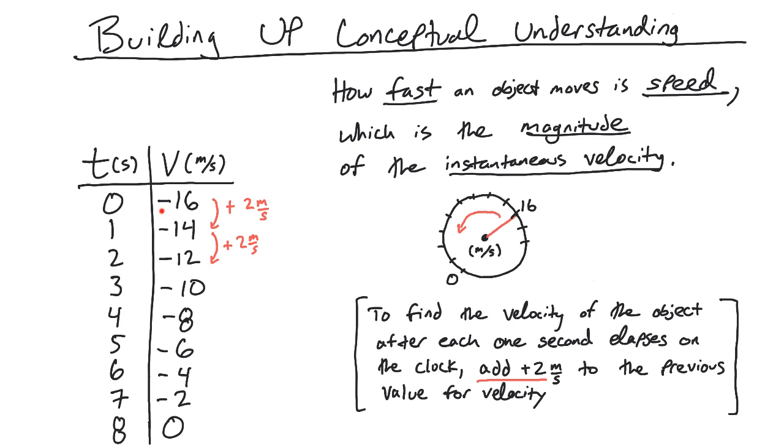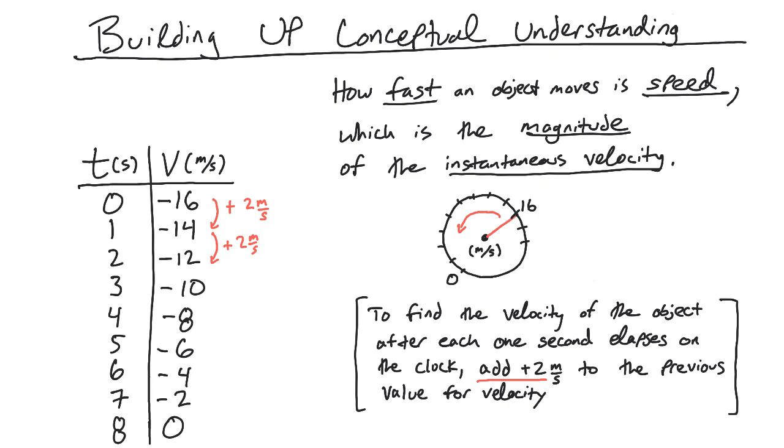So we're moving in the negative direction, but we're going 16 meters per second as our speed. Likewise, a little bit later in time down here, we're still moving in the negative direction because our velocity is negative, but we're moving with 6 meters per second, so our speed is less than it was before, all the way down to 0. And here at 8 seconds, we must be stopped because we're moving at 0 meters per second.